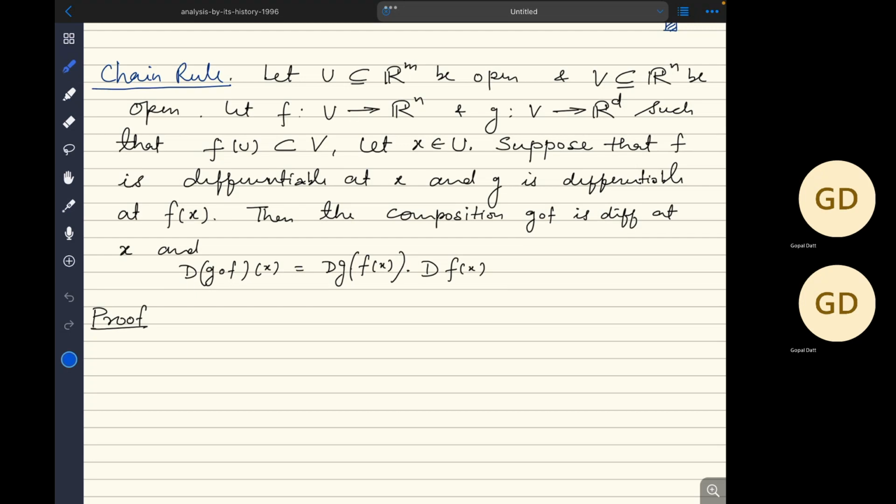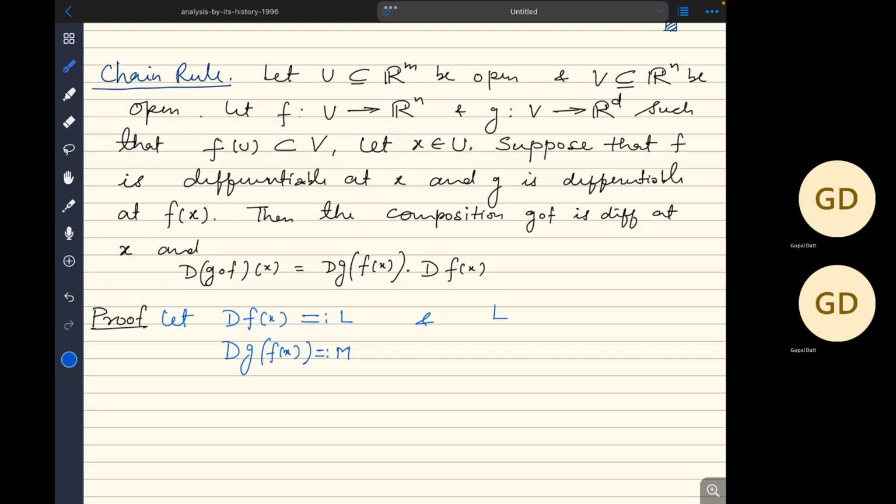We denote that linear transformation, which we write as df(x). Okay, df(x) means derivative of f at point x. Let us denote this by L, and let us denote dg at f(x) by M. So here L and M are linear transformations.